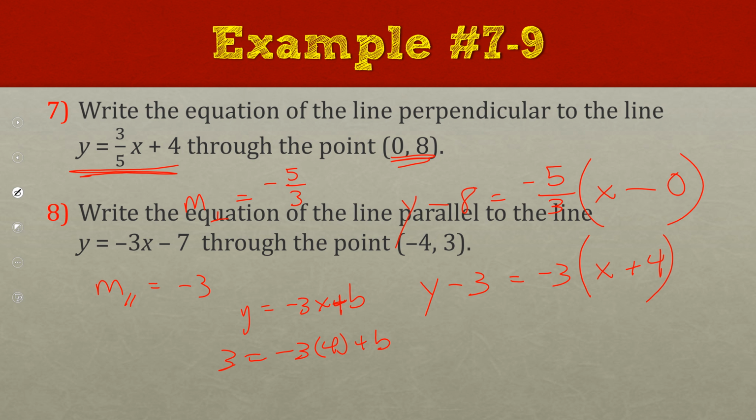Negative 12 added to both sides, b is equal to 15. Then you rewrite it as y equals negative 3x plus 15. This is not wrong by any stretch of the imagination. However, I would argue that what Emily did is a lot easier. Plug in the values, stop.